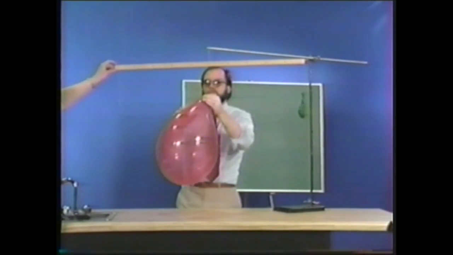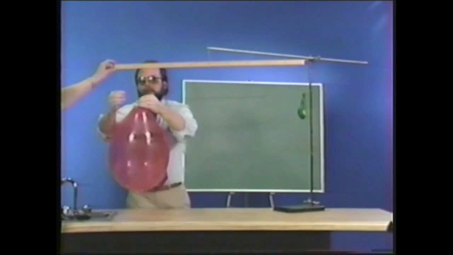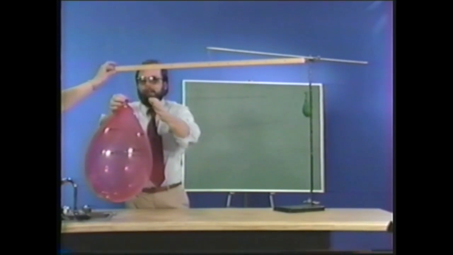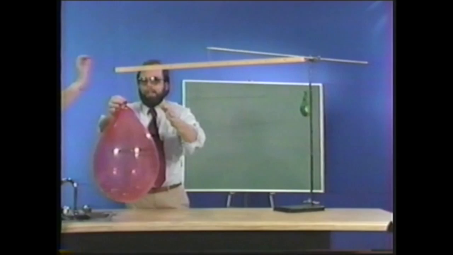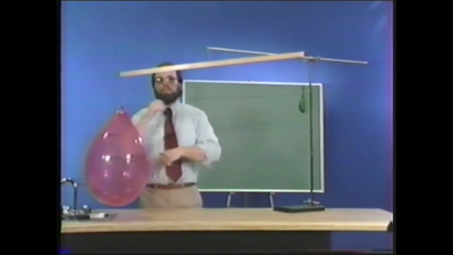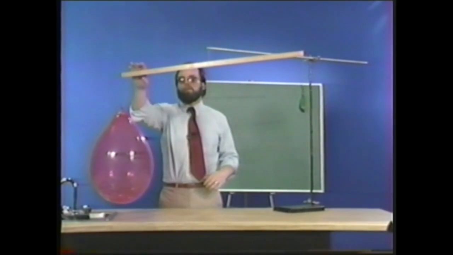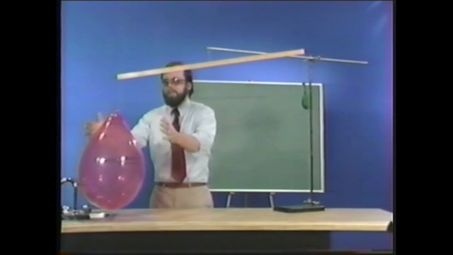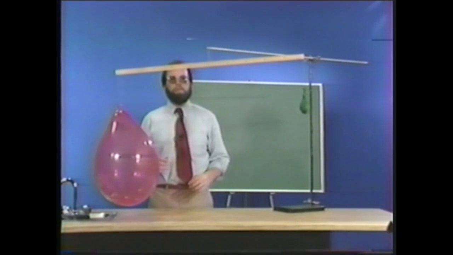Let me tie off the balloon, and now I will attach the balloon back to this side, and now let's release the balance and let's see what happens to our yardstick. As you can see, this end comes down a little bit.